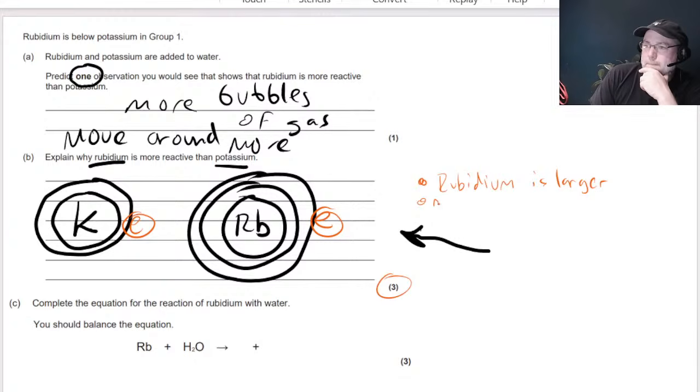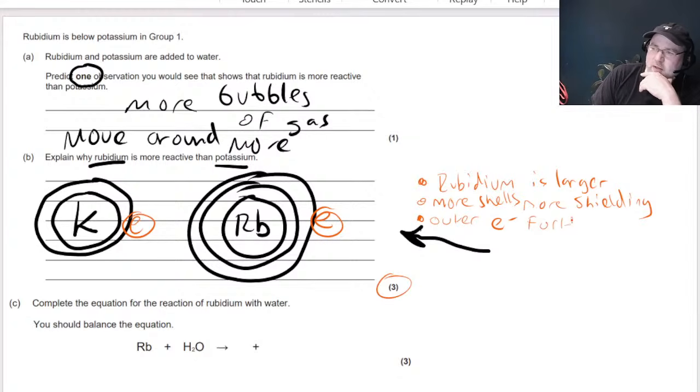More shells, more shielding. I mean, my order's not very chronological here. I really should have followed up rubidium is larger, electron further. Outer, I'm going to write an E for electron. Don't do that in your exam, but that's my shorthand. Outer electron, further.